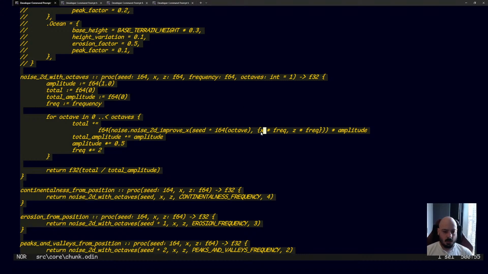Right. So, interesting. Multiplying the positions by the frequency. I don't think you should add stuff to the seed. Although I guess it would be deterministic. Multiply by the amplitude. So in this case, we are setting amplitude to 1. Well, that doesn't do anything then. Oh no, we're actually, okay, we're halving it each time.